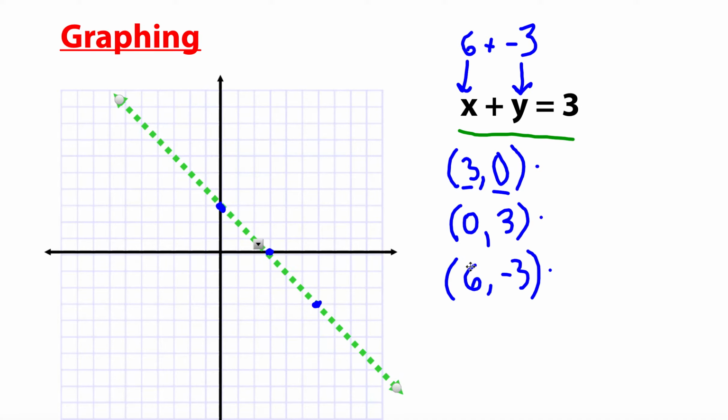Okay, there we go. That looks good. What this line means, and I'll fill it in with green so that you can see it a little bit better, is that every point that is on this line would technically fulfill this equation.